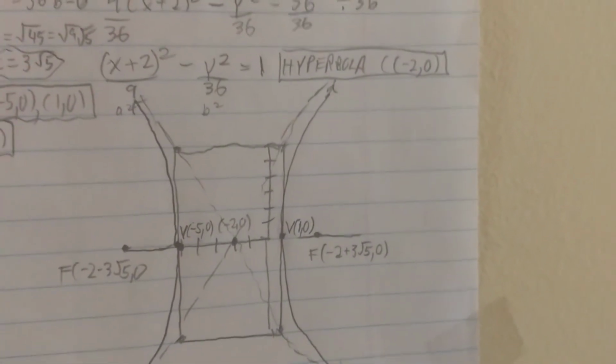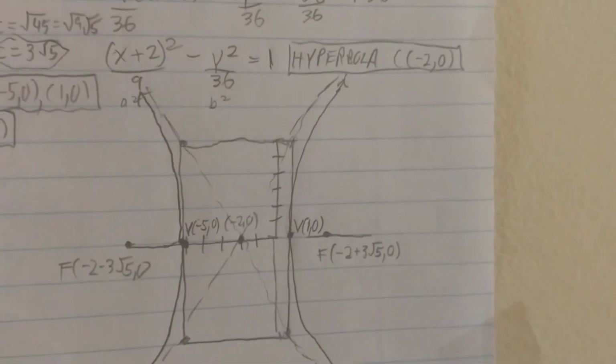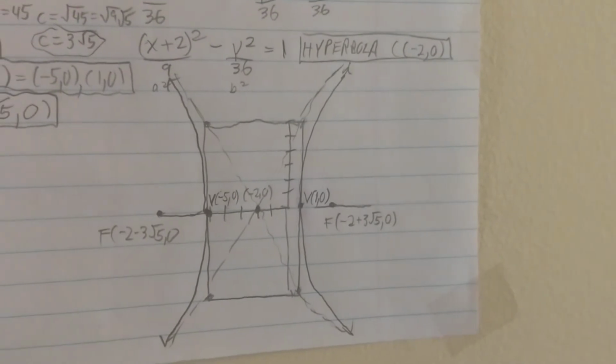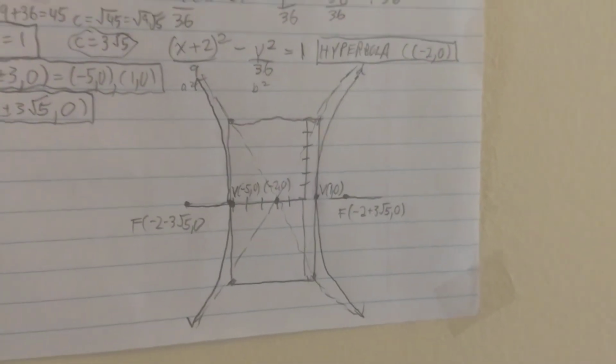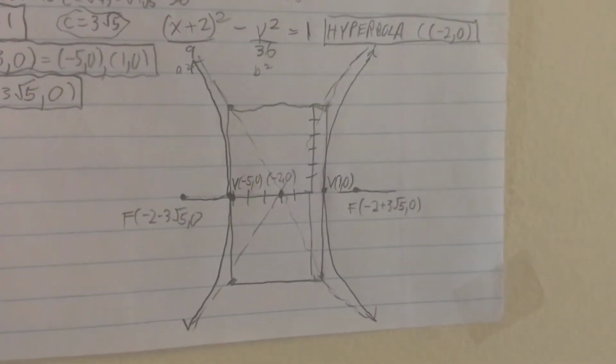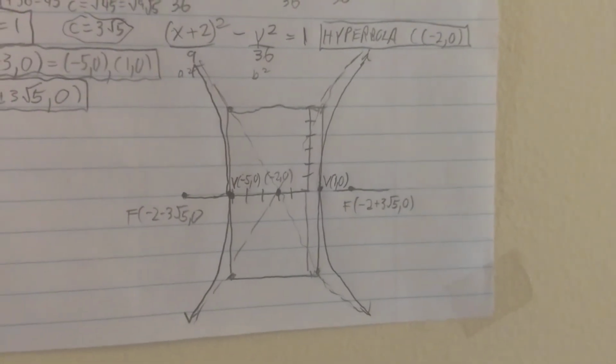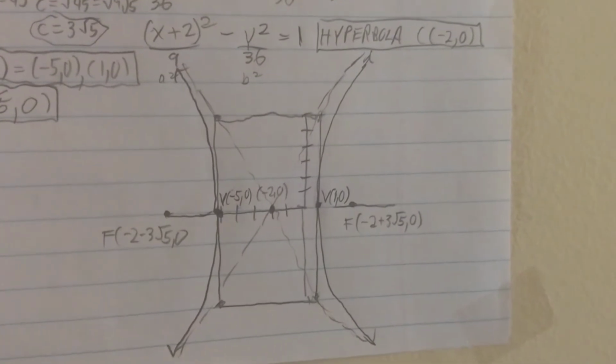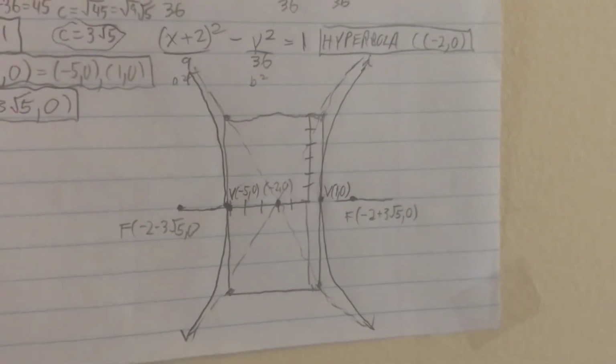So that gives us a equals 3 because 3 squared is 9, and b equals 6 because 6 squared is 36. So if we look at that, we see our hyperbola centered at negative 2, 0, and it's going plus or minus 3 to the right or left for the vertices.